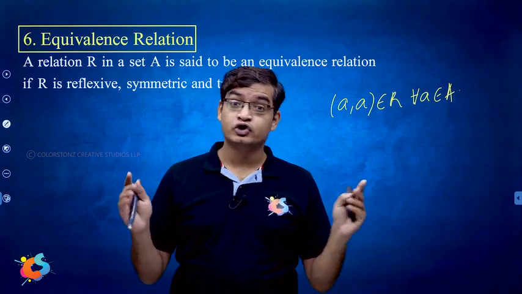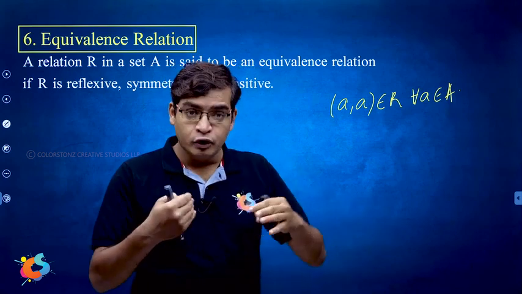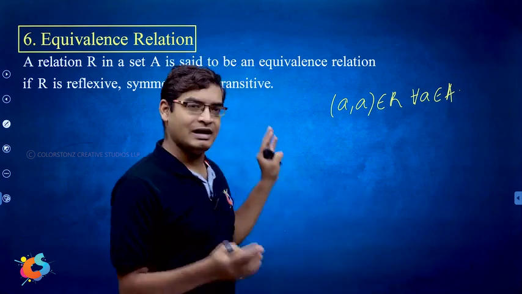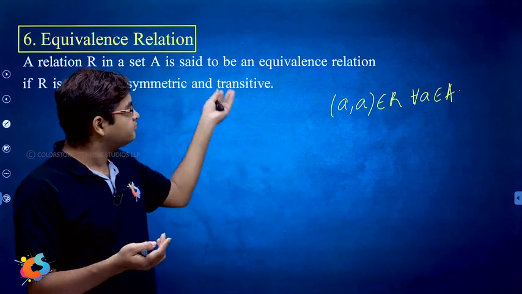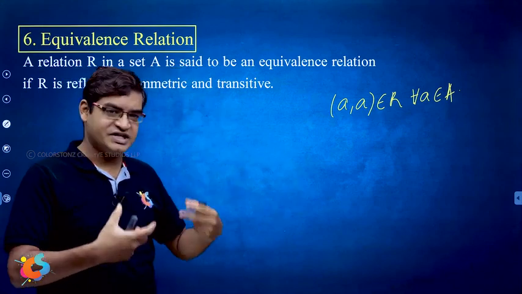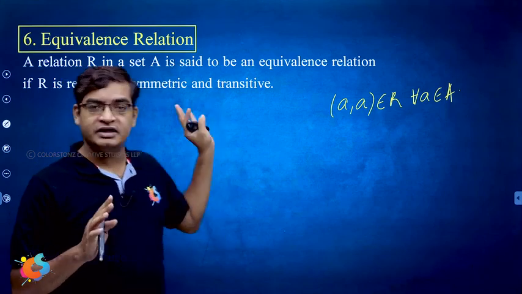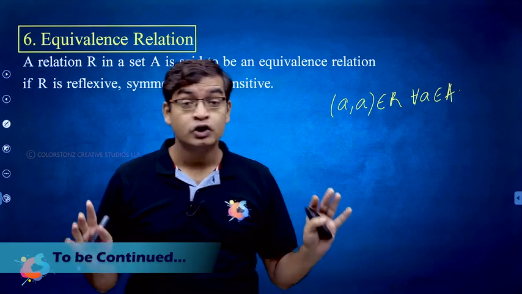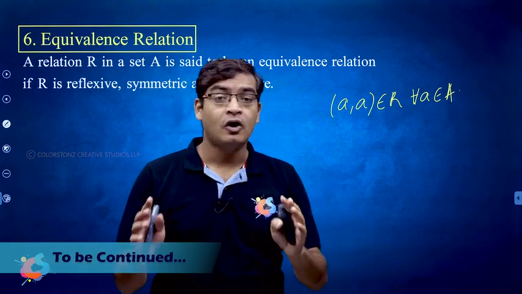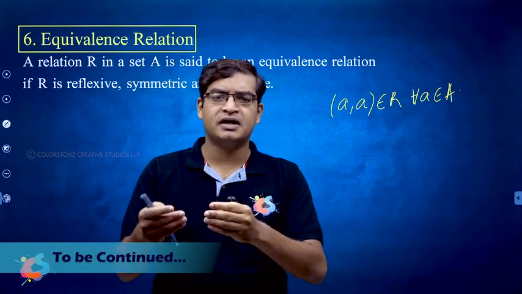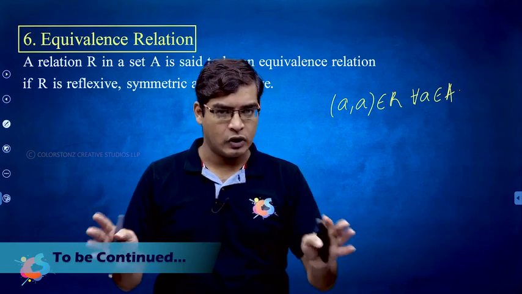Okay, fine. And the last relation is very simple. You are not checking anything new here. You are checking for reflexive, symmetric and transitive. If the relation is all three, then you are giving a special name to it. Okay. So now let us do some problem solving on checking if it is reflexive, symmetric, transitive and equivalence relation or not. Okay.